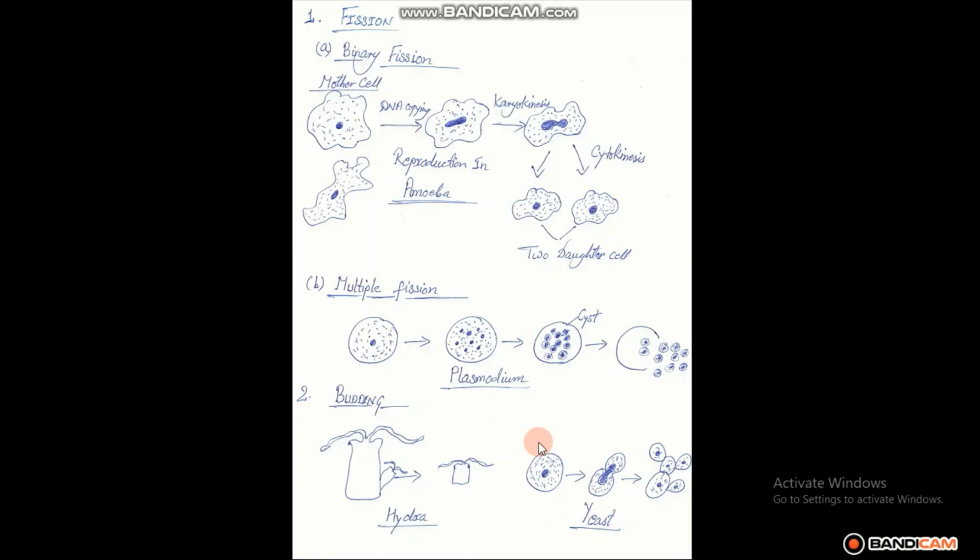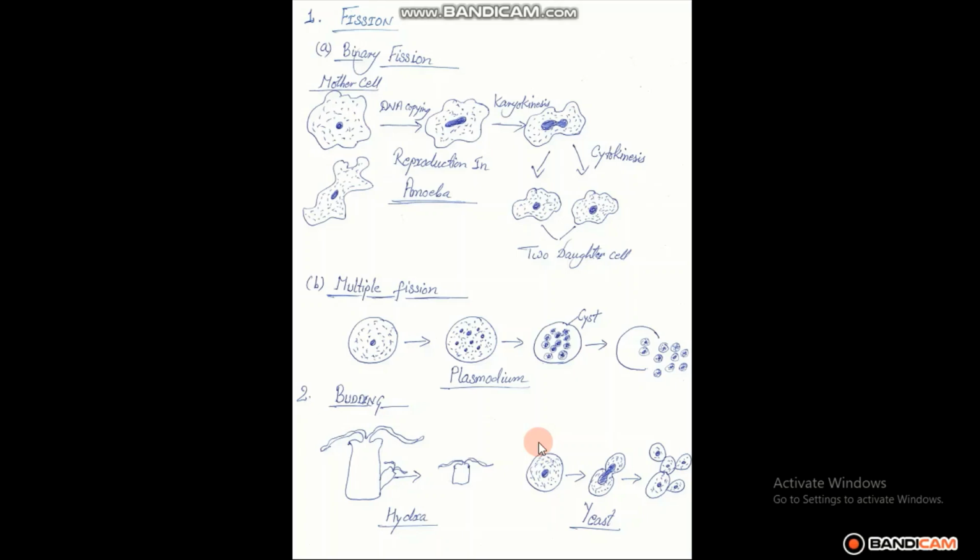Whenever a cell or organism divides its body into parts, this is known as fission. Whenever an organism divides its body into two only, that is known as binary fission. And whenever it divides its body into more than two parts, it is known as multiple fission.